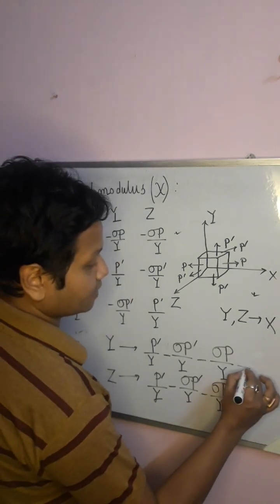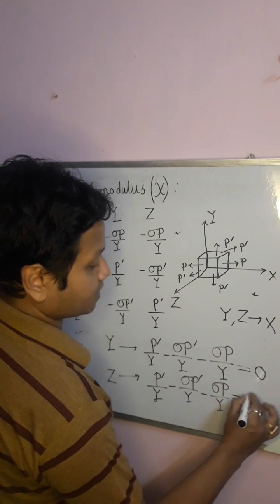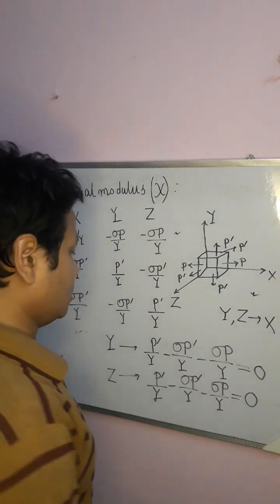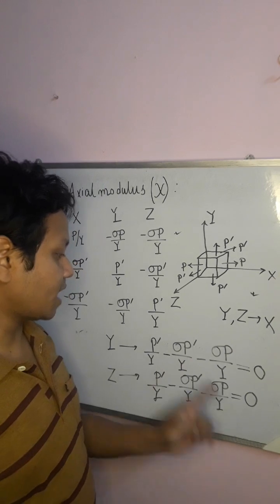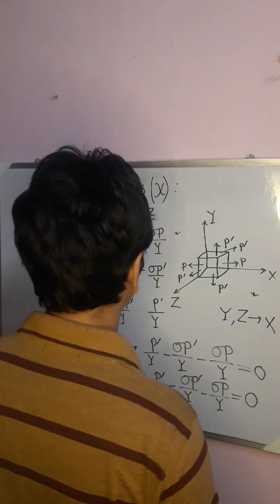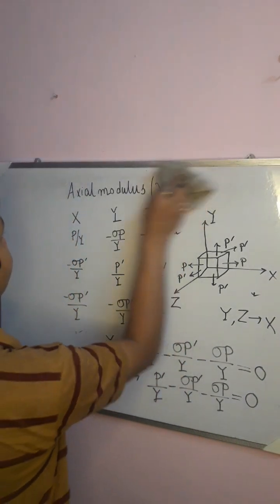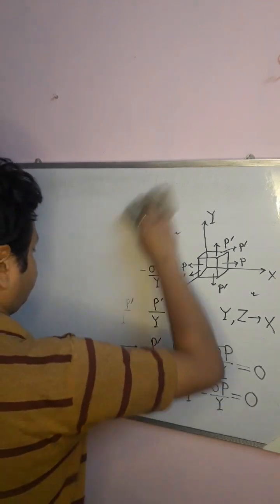Since strains along the other two directions are prevented, we set this term equal to 0, and both are the same terms.